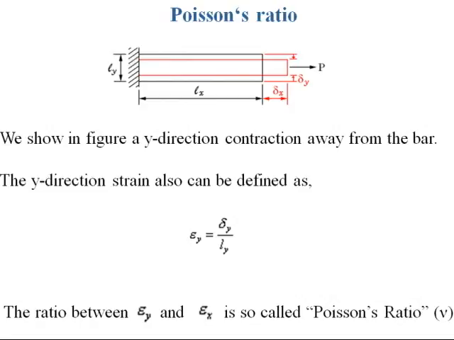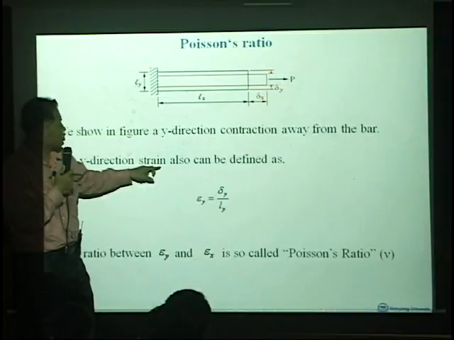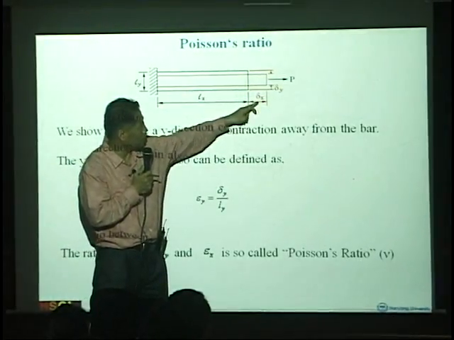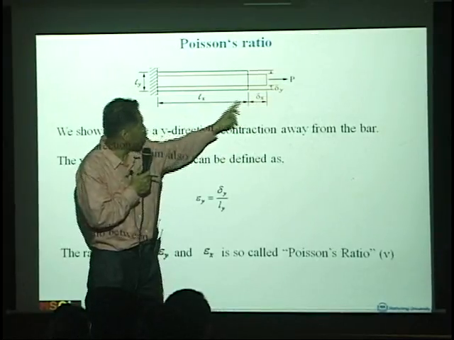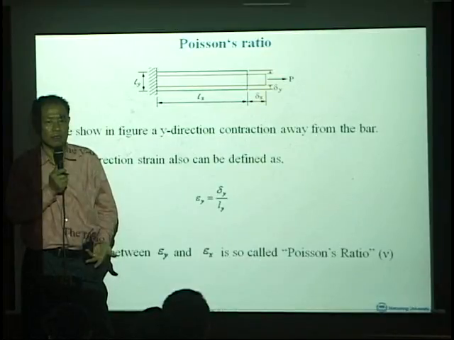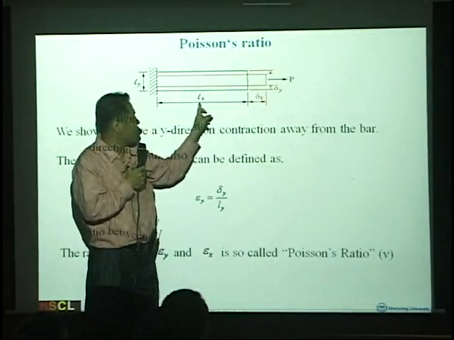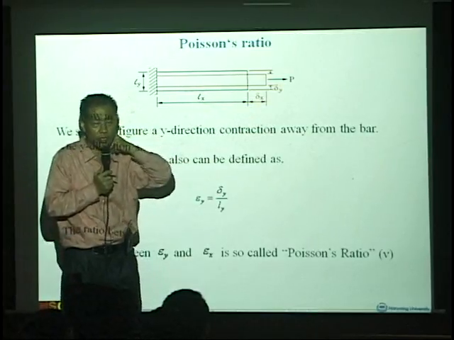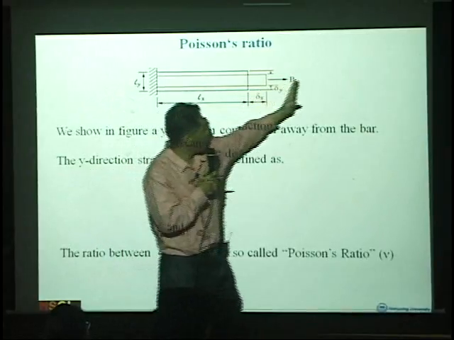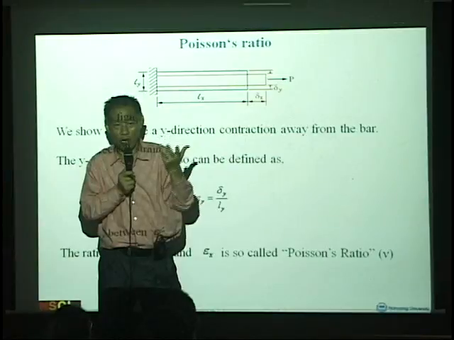Again, Poisson's ratio: the y direction strain. In the x direction, we defined strain as delta x over Lx. Why do we define strains? Material properties mean that if we have twice the length, delta x will be twice as much.